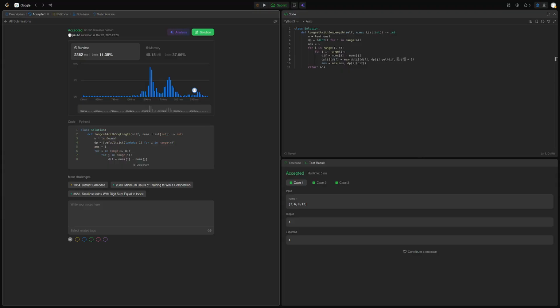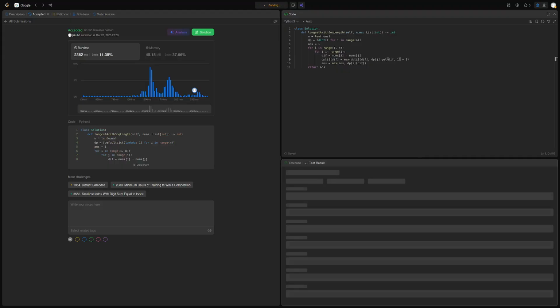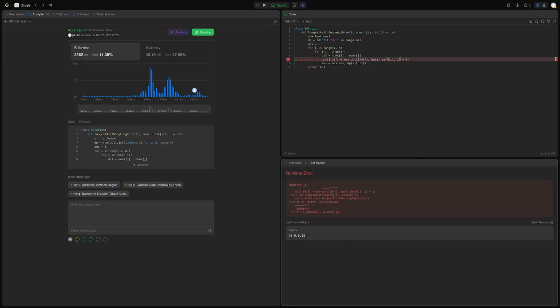Get diff, one. Get more default, maybe. What's up with that? That's weird. I mean, this should run, I think.